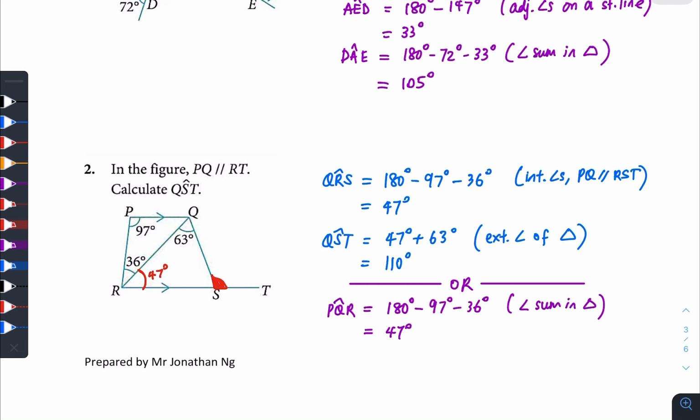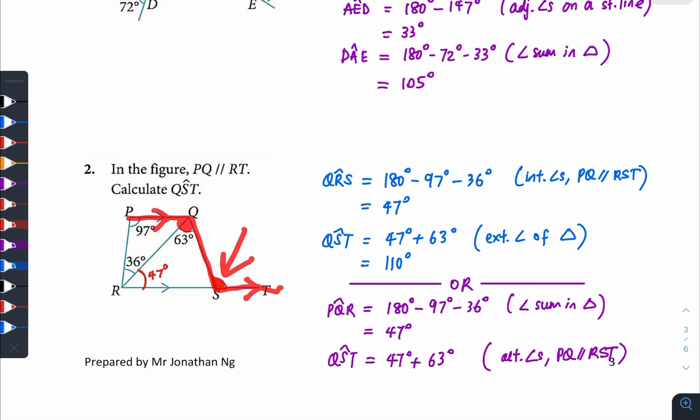Because these two are parallel lines, I can look at this set of alternate angles over here. So this alternate angle is going to be this exterior angle. So it's going to be equals to 47 plus 63. So altogether, I will be able to get 110 degrees.